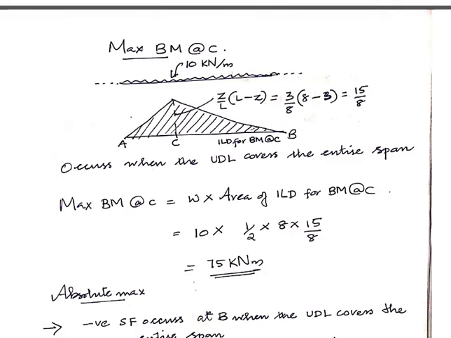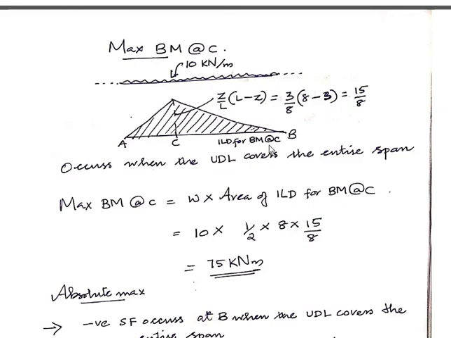So to have the maximum bending moment at C, the load should cover the full span AB, and the maximum bending moment at C is W into area of the ILD for bending moment at C. W is 10, and the area of the ILD is the shaded area in the figure.